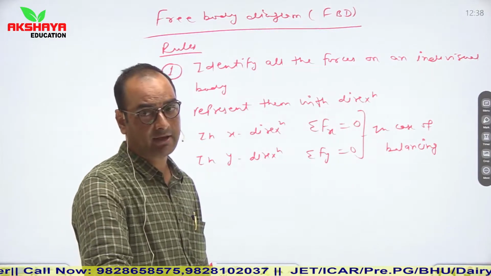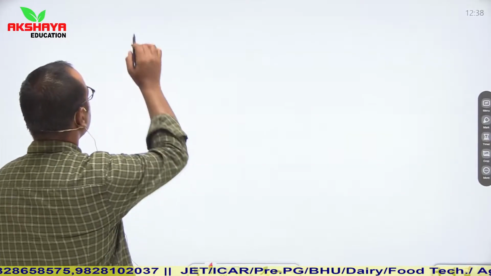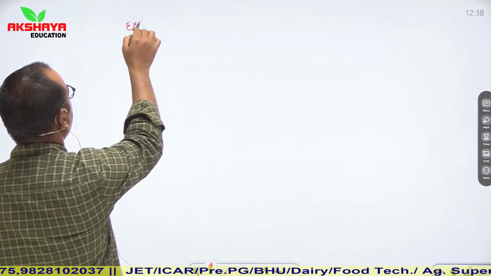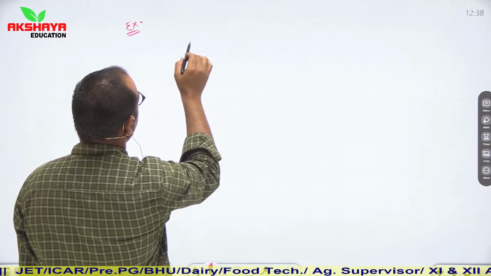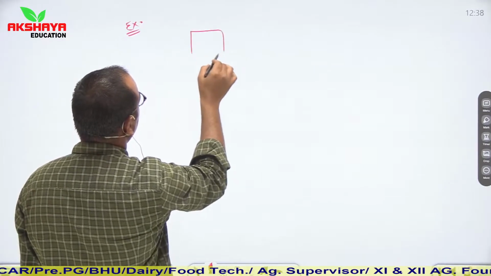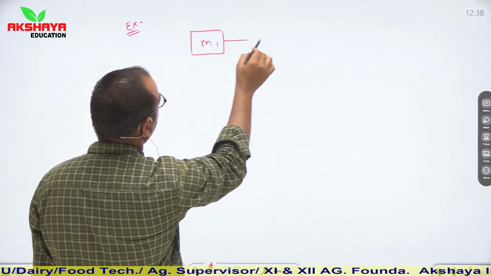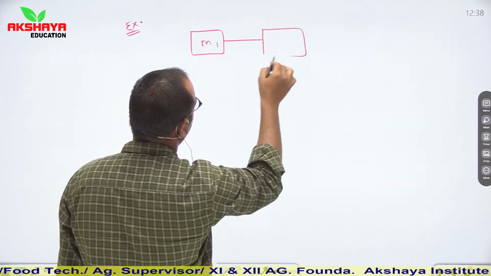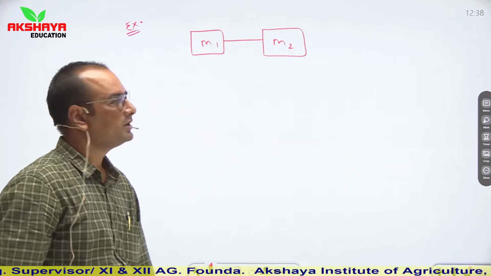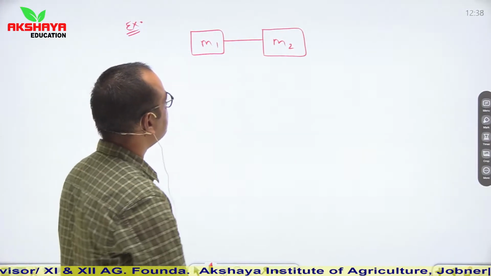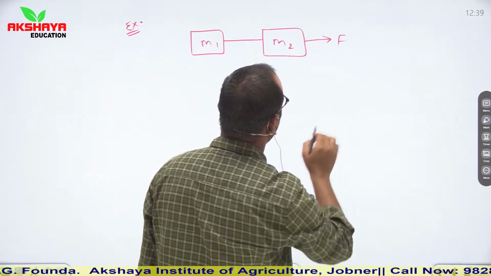So let us discuss FBD by some examples. First example: let us say we are given two objects of mass m1 and m2, and these two objects are connected by a string, and a force F is applied on it.